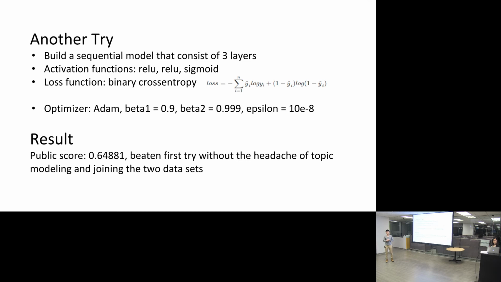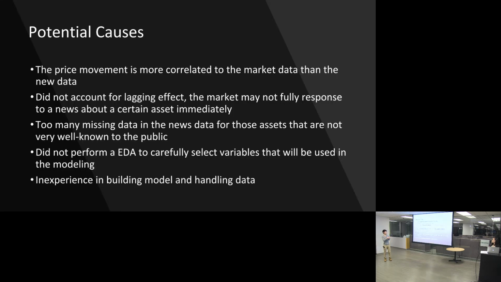So that implies a couple of ideas. Maybe go to the next slide. Okay. The idea that we get from the two different submissions is that the price movement seems to be more correlated to the market data itself rather than the news data.